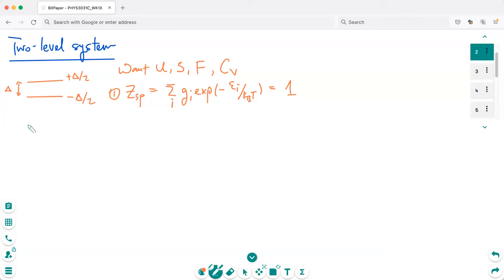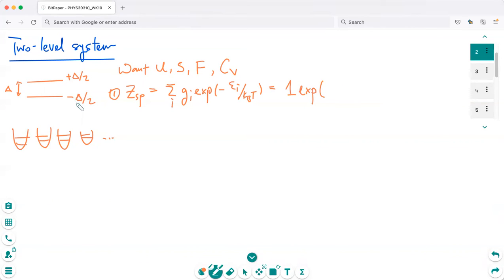It is similar to the picture I drew earlier, but there are only two levels, and there are many identical particles.